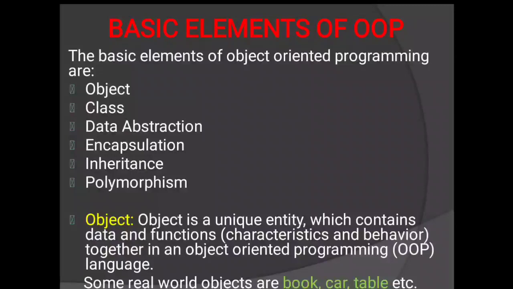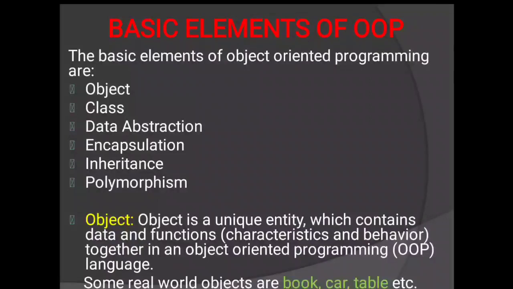Suppose we need to define a chair as an object, then how will we define it? See, for a chair, first is data, meaning characteristic. What characteristics do we have in a chair? You know that it has 4 legs, 2 arms.